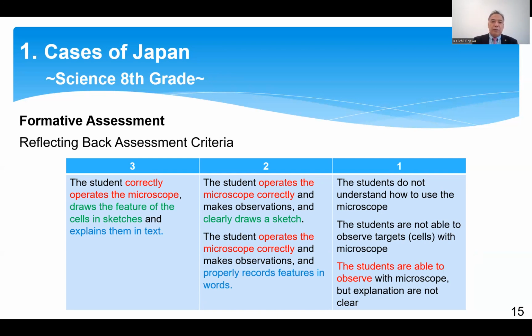Also, student operates the microscope correctly, makes observations, and properly records features in words. So criteria 1: students do not understand how to use the microscope. Students are not able to observe a target like a cell with the microscope. Students are able to observe with the microscope, but the explanation is not clear. So 1, 2, 3 criteria.